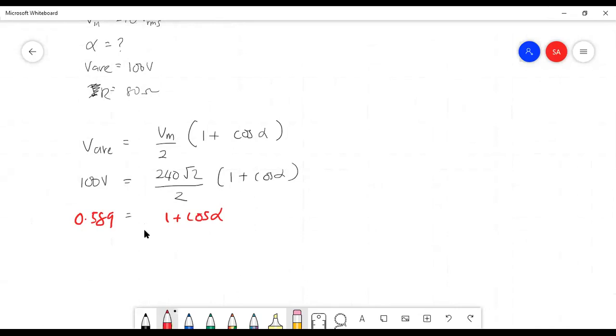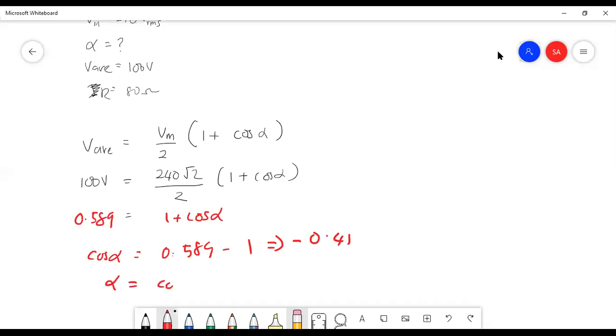Maybe we arrange this, so cos alpha becomes 0.589 minus 1, which gives you negative 0.41.